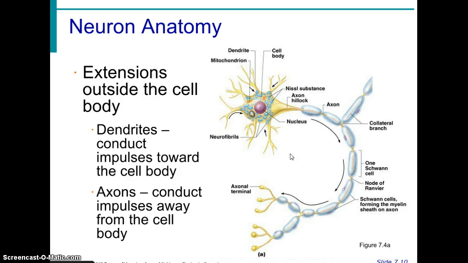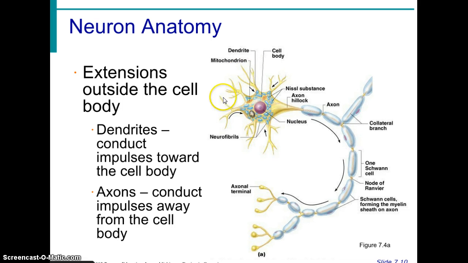Then there are extensions that project outside the cell body, and we just talked about those a moment ago. You have two different types of extensions. You have dendrites here, these finer yellow projections. And these are the ones that are going to conduct impulses toward the cell body.